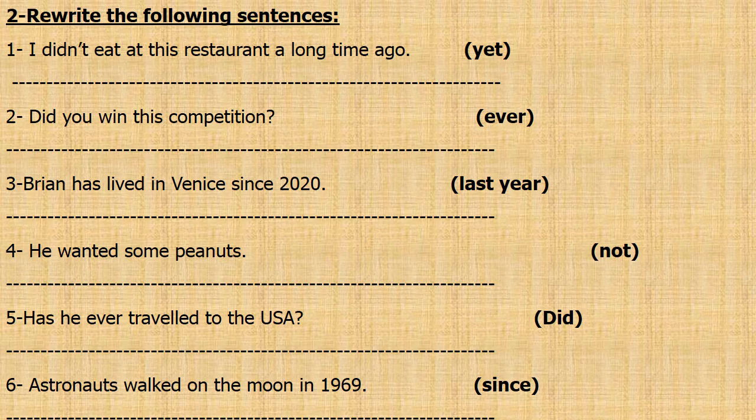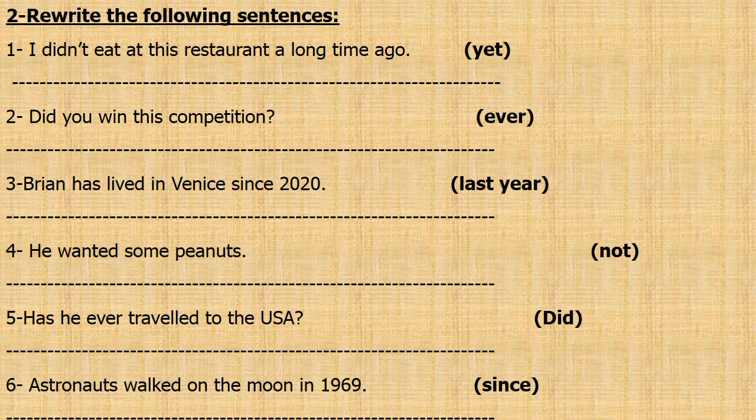Number 5, has he ever traveled to the USA? Question in the present perfect. Here, I want you to start with did, the auxiliary verb of the past simple. Okay, so the answer will be did he, infinitive verb, travel. Did he travel to the USA?